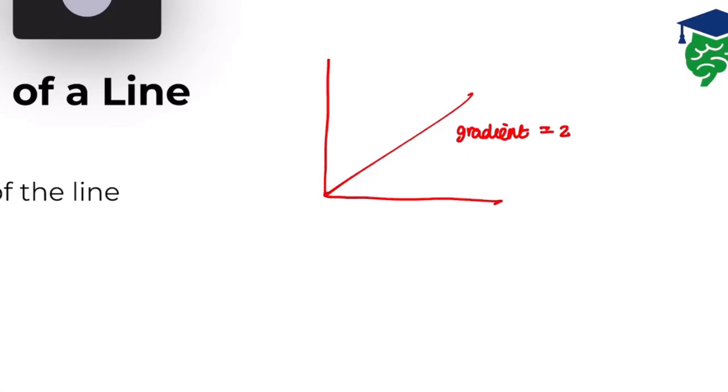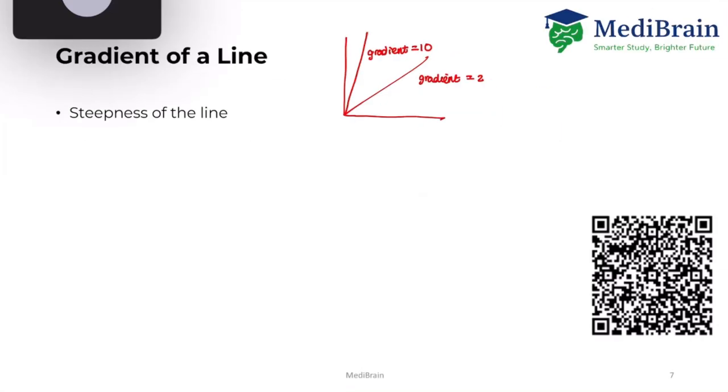If we had a really steep, nearly straight line, this gradient would be much higher, maybe 10. The gradient of a line just means the steepness of that line. The steeper the line, the greater the gradient.